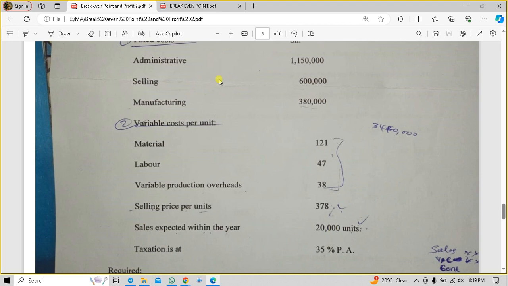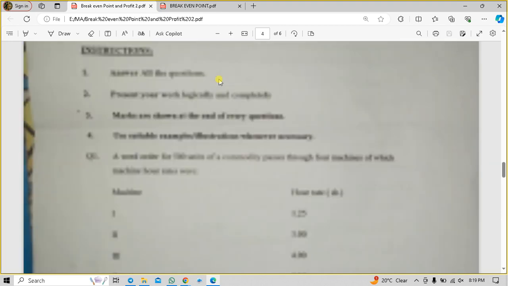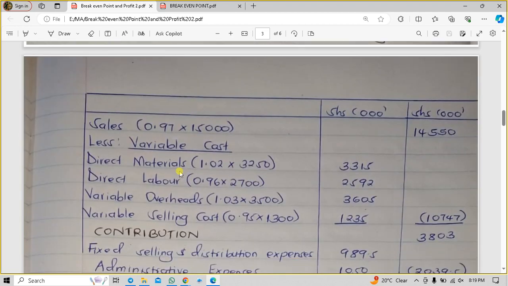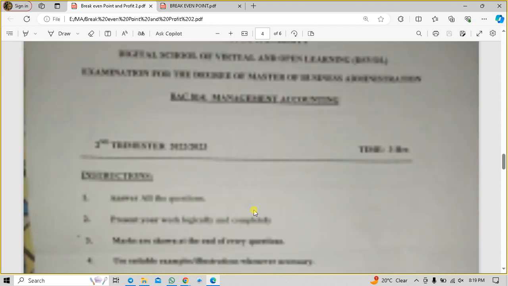So unaweza zipanga hivi. Kwa management accounting hatuko serious na kupanga kazi sana. Si must tuchore hizi line hadi. So unapanga tu hivi, unaandika 121 times 20,000 unaweka hapo. Tuende kwa labor hivyo mpaka tupate contribution.